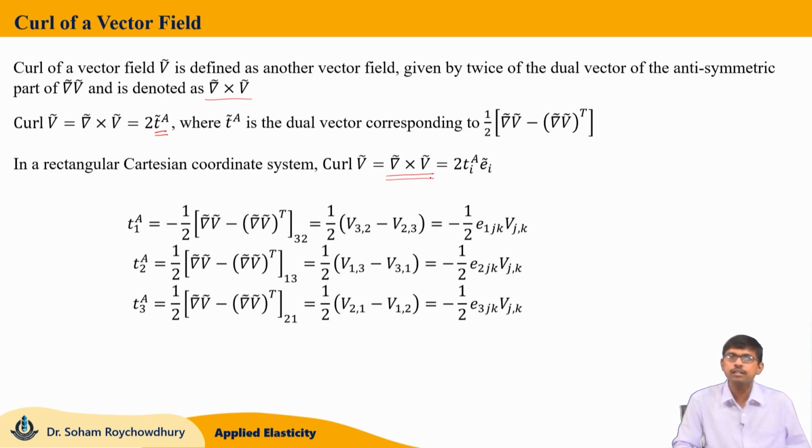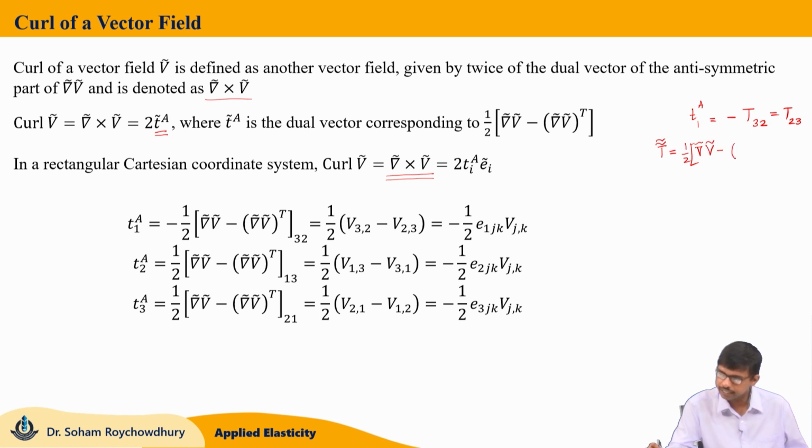Now, if you recall the definition of the dual vector for any antisymmetric tensor T, we had defined T_1A as minus T_32, or T_23, where for this particular case T is equal to half of grad v minus the transpose of grad v.